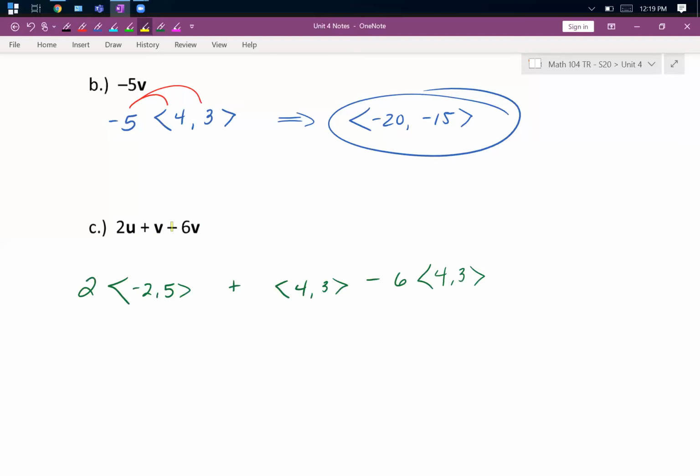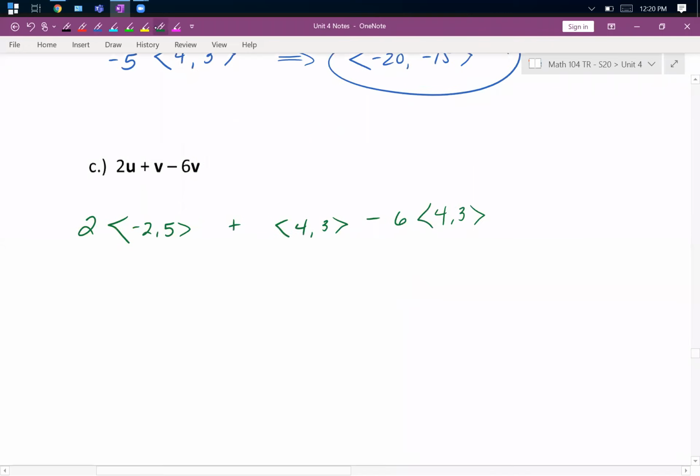Now, by the way, these are like vectors. You could combine that to be just minus 5v. I'm going to do it the long way, but you could, if they're the same vector, combine them. All right, we're going to multiply first. Negative 4, 10 plus 4, 3.